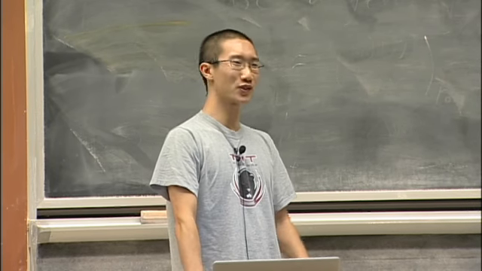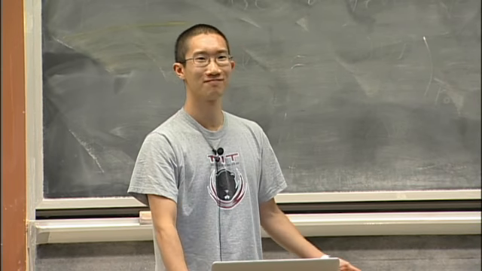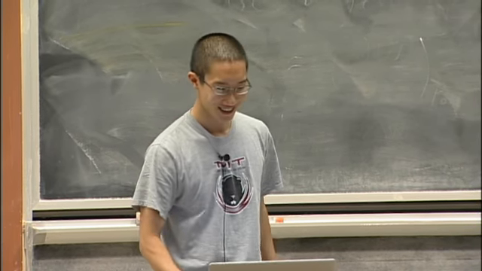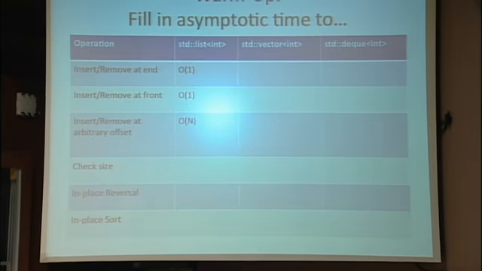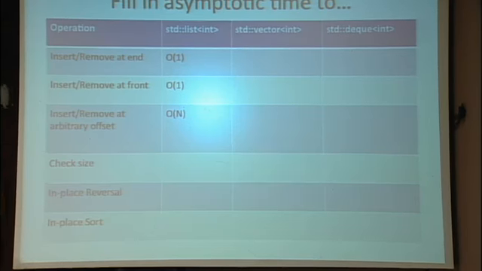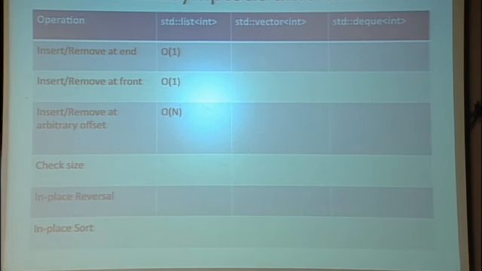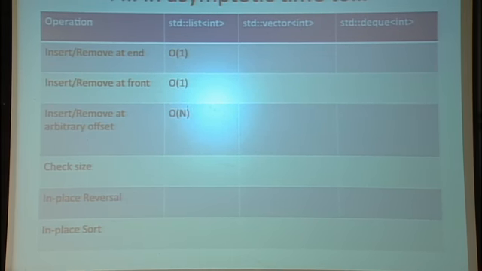Three people. How many people say some sort of linear time? I agree with you guys. It is indeed linear time because you have to actually follow the next pointers or the previous pointers to the location that you want to insert. So although a list might appear to support random-ish access, like you can add numbers to the iterator, it doesn't actually support that operation efficiently in the background.